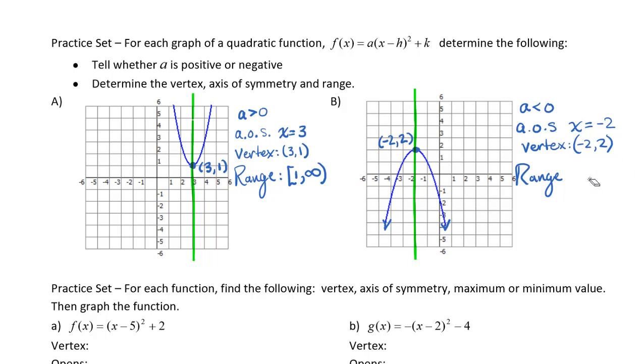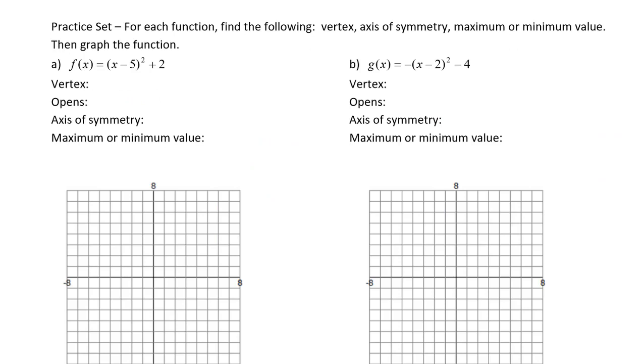But remember that you always write your range from small to large. So remember to put your range in as the smallest value, which in this case would be negative infinity, to a maximum at 2. And since the maximum is a vertex, you include the endpoint, so it is a closed bracket.